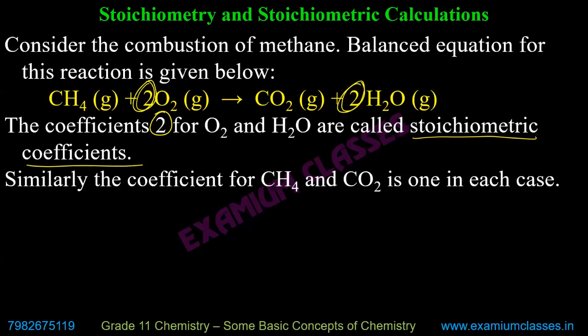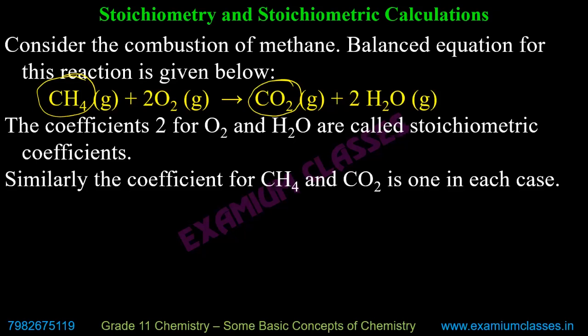It is just telling me that, if we are considering moles, 2 moles of oxygen are used and 2 moles of steam are produced. Similarly, there is a hidden one we don't write here. 1 mole of CH4 will be used in this reaction and 1 mole of carbon dioxide will be produced.